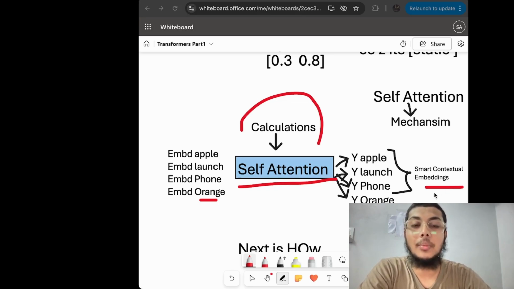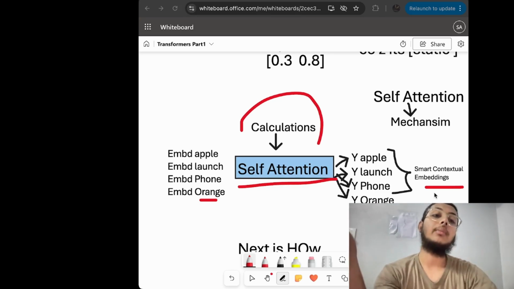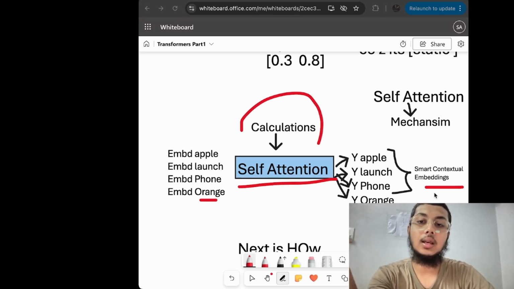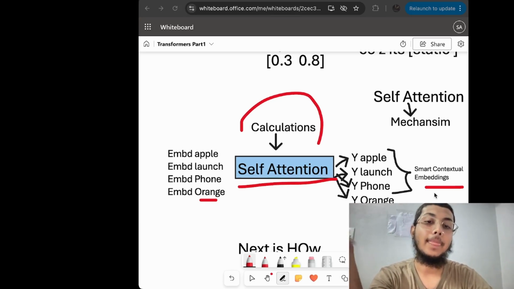So far we have talked about the what part, and in our further videos we are going to talk about the how, how the calculations behind the scenes work. I know it was a very short and simple video, and its goal was also very small. I just wanted to explain what self-attention is.